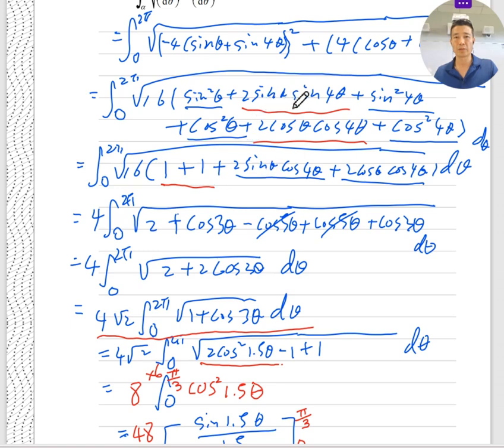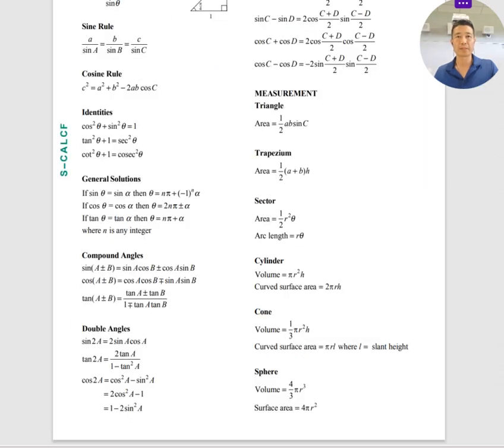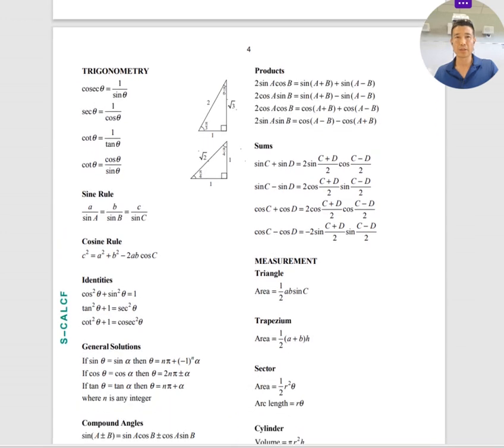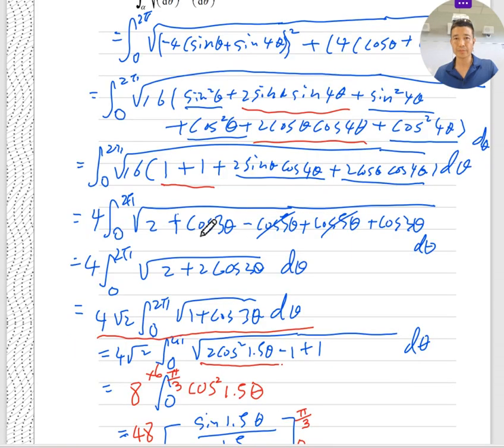And 2 sine theta sine 4 theta and 2 cosine theta cosine 4 theta become, using products in trig, we can convert that to this. So 2 plus, by the way, square root of 16 is 4 out there, and square root of 2 plus cosine 3 theta minus cosine 5 theta, and that one becomes cosine 5 theta plus cosine 3 theta.